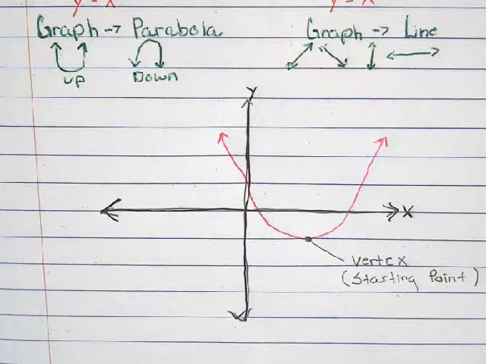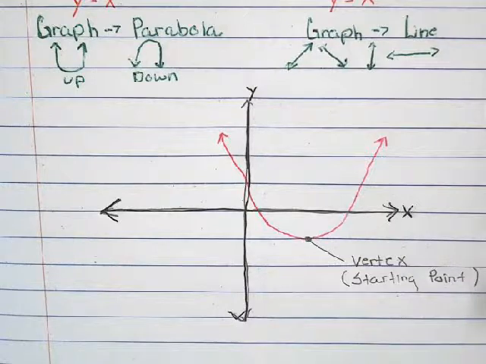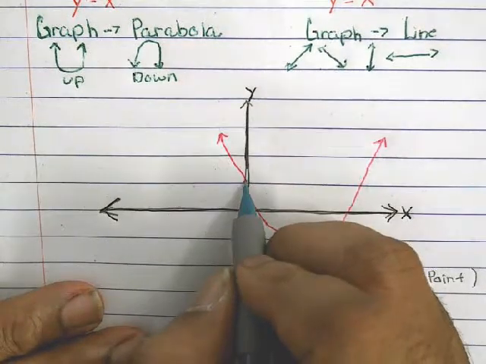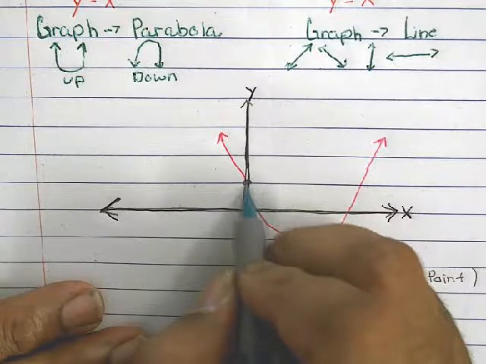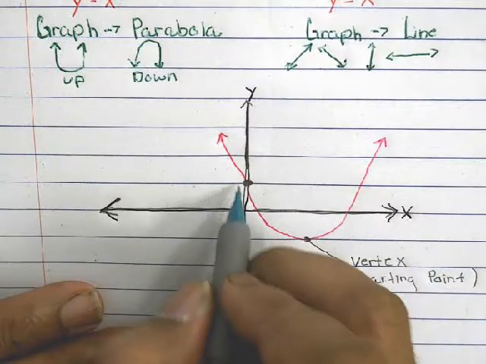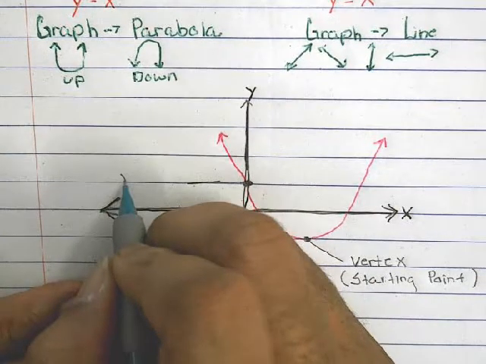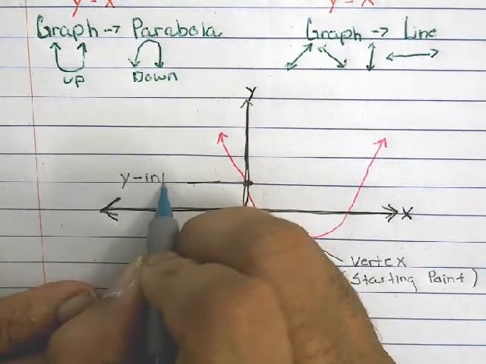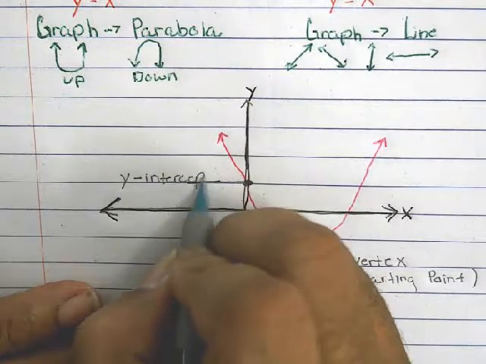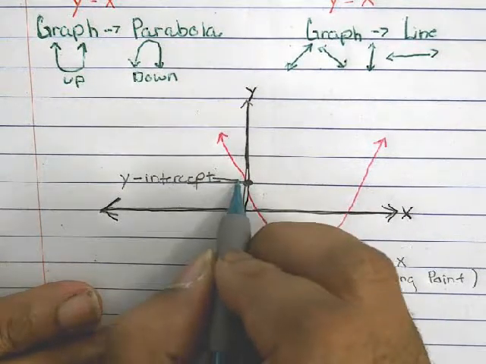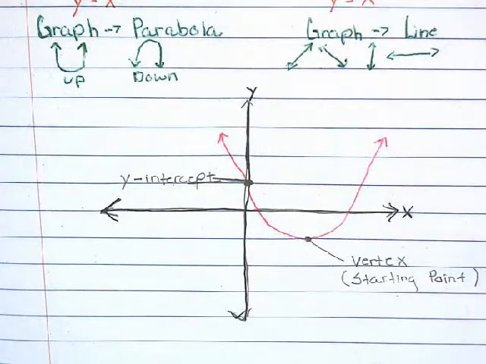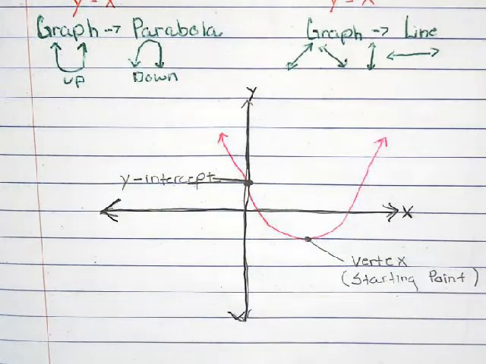So for any parabola that we ever graph, we're going to start at that starting point. Now, this point right here, where it crosses the y-axis, that's the y-intercept. Just like when we were graphing lines. So wherever it crosses the y-axis, it's the y-intercept.